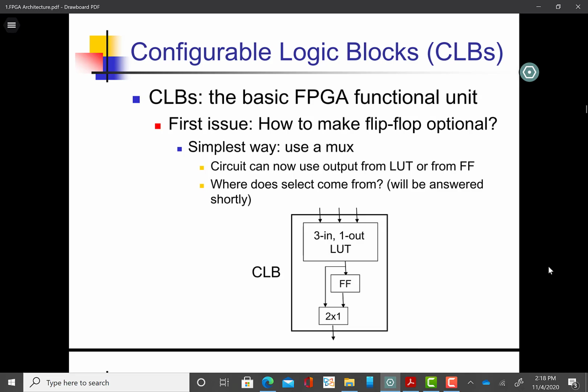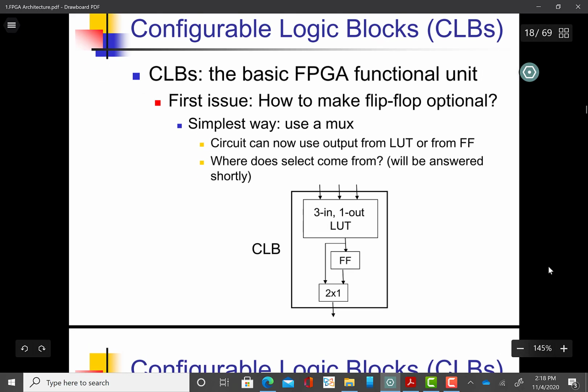How to make a flip-flop optional is something like this. Imagine this is our CLB box, and this CLB box contains at the moment a 3x1 lookup table, and we have a flip-flop that is connected to the output of this lookup table. But also we have here a 2x1 mux.